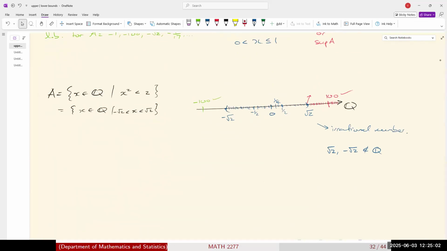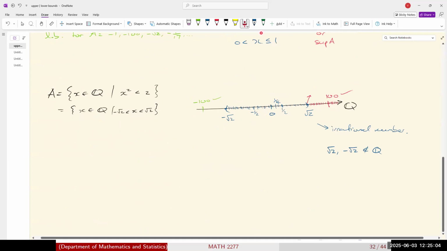So in this example, the underlying ordered field is the rational numbers. So I'm only allowed to look at rational numbers. So yes, you want to say that the supremum of this set A is equal to square root 2. But you cannot do that because square root 2, look, square root 2 is not a rational number.